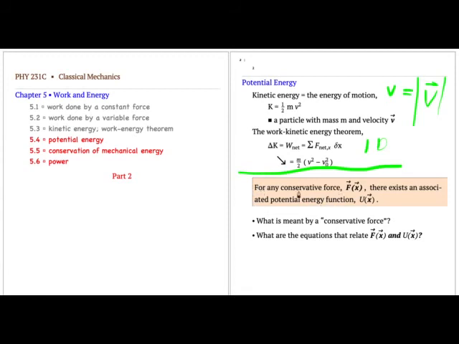So, for any conservative force, in general, it's a vector function of vector position, F of x, there exists an associated potential energy function, and we'll use the letter U for potential energy. That'll be a function of the position of the particle, and it will be a scalar.